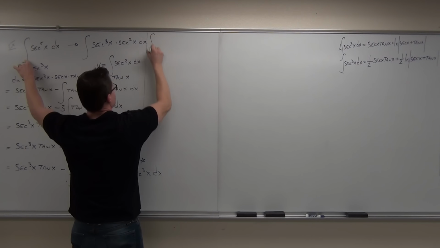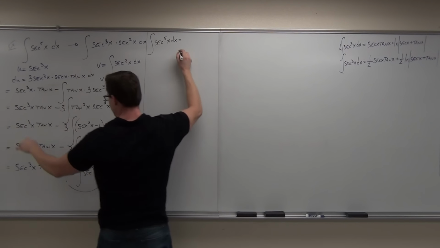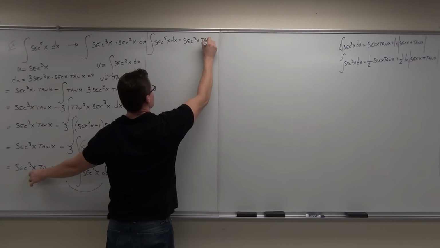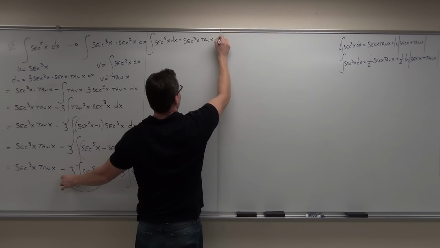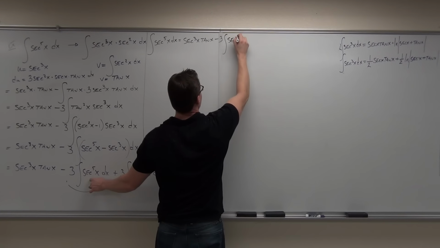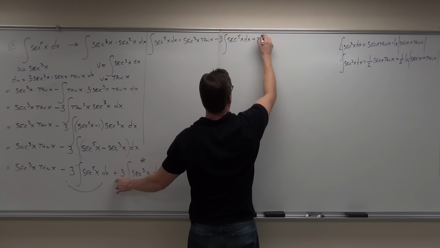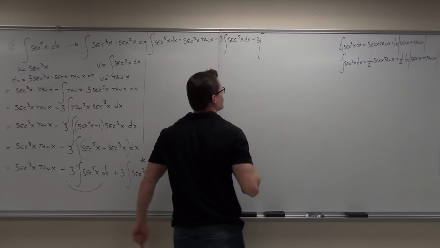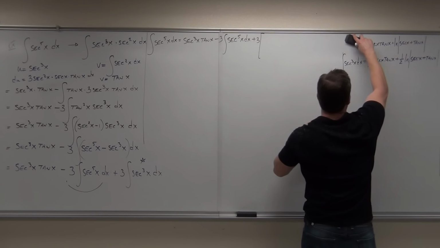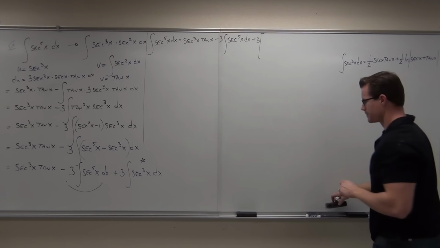Okay, so the integral of secant to the 5th power of x dx is equal to, here's what we know. We know it's secant cubed x tan x minus 3 times the integral of secant to the 5th, again, dx, plus 3 times, here's the cool thing. Here's what we know.